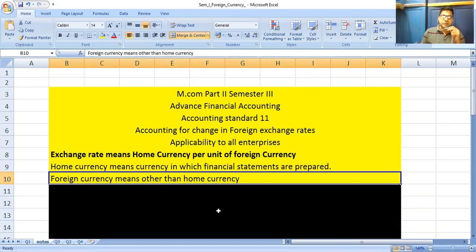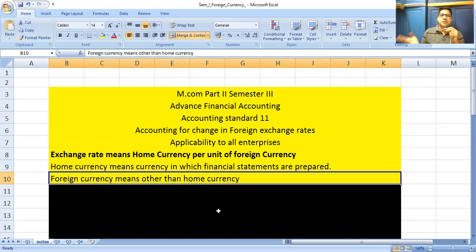You should know about this particular terminology because it is very important whenever we solve practical problems, and sometimes we have to solve objective type questions also. So we should know what you mean by exchange rate, home currency, and foreign currency.